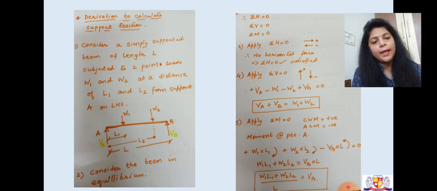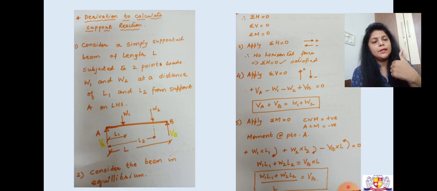Now the third force is the reaction VB. It is acting in the vertical upward direction, so my thumb is in the vertical upward direction, and the fingers are showing which direction? Anti-clockwise. When the fingers are showing anti-clockwise, it will be negative.